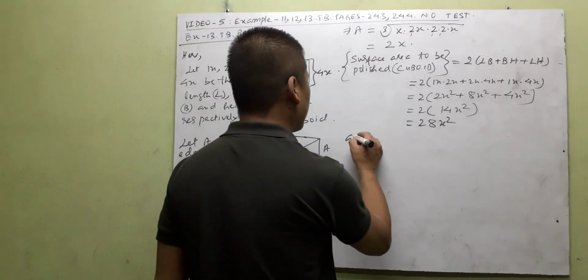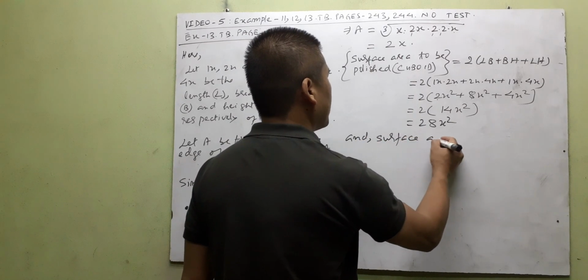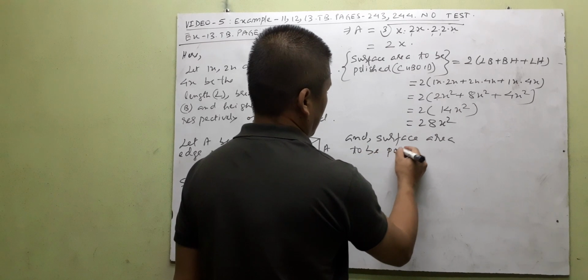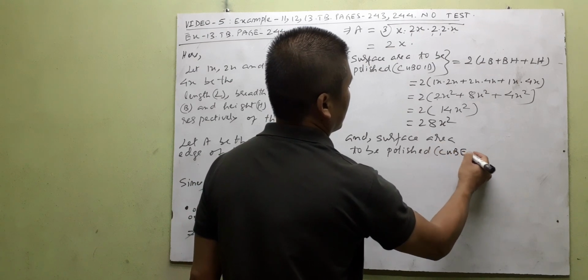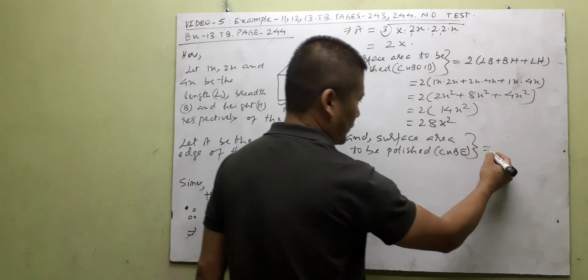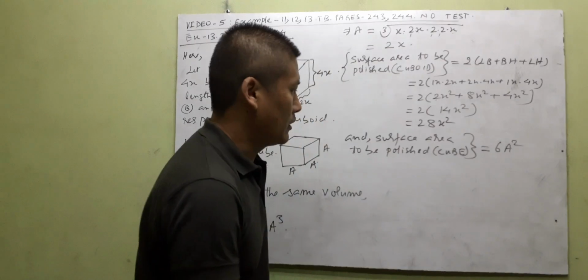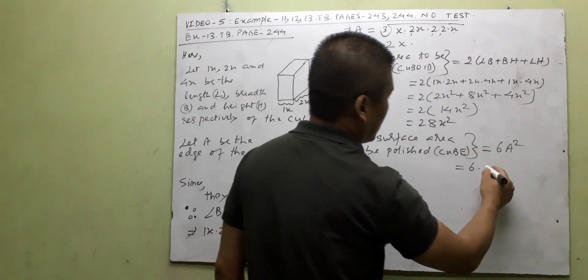Likewise, the surface area to be polished, this time we're calculating for the cube. The formula for surface area of the cube is 6a squared, right? Now we can just put there 6 into a, we found out here 2x.